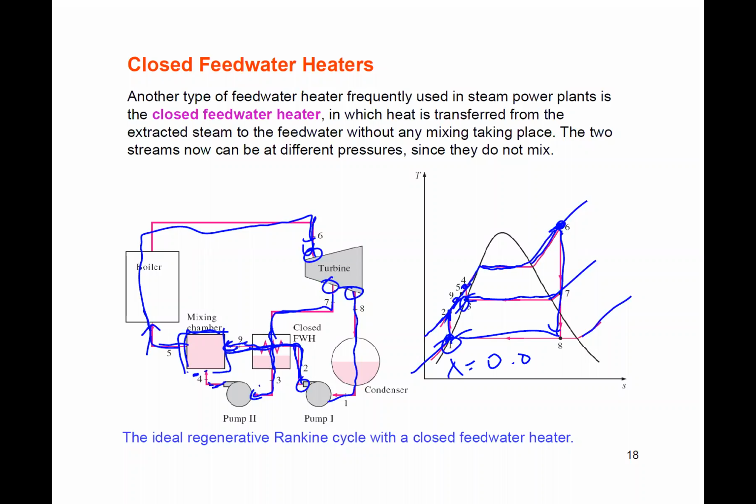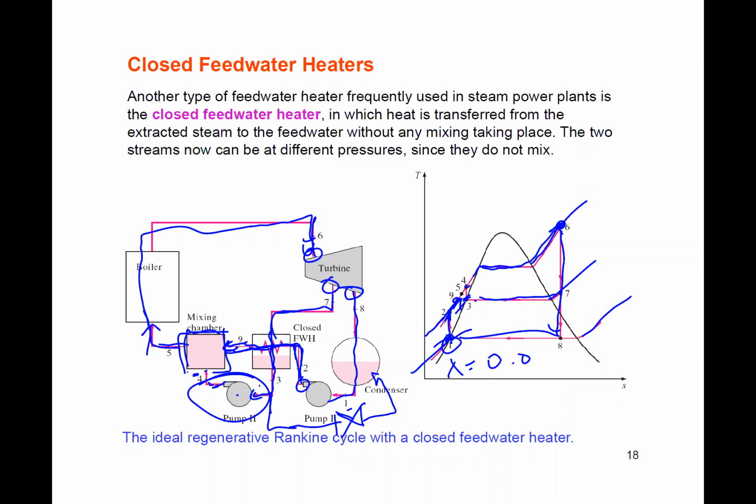Then we have a pump right here to raise its pressure to the mixing chamber's pressure, so we had it go up in pressure. We also saw a version through a closed feed water heater where we dropped the pressure. In this version, we could have a valve.